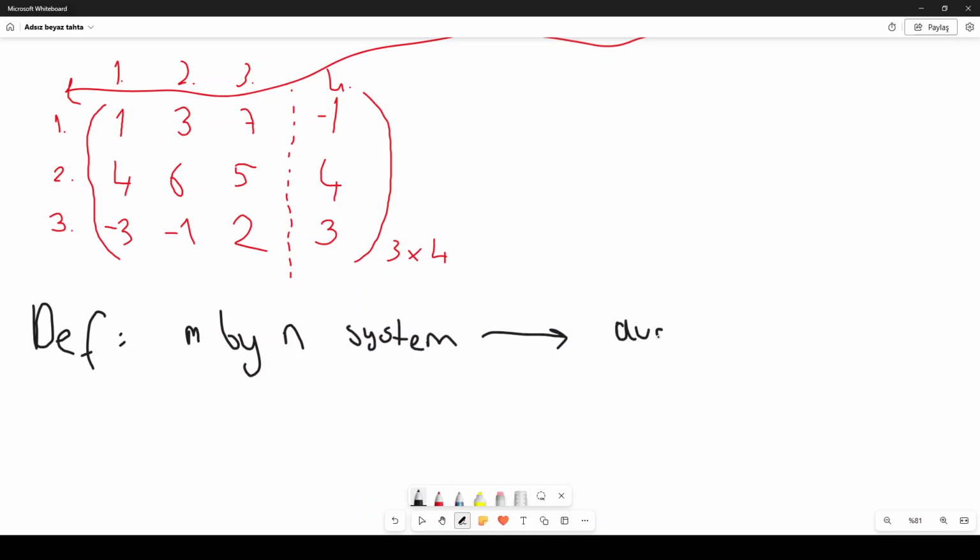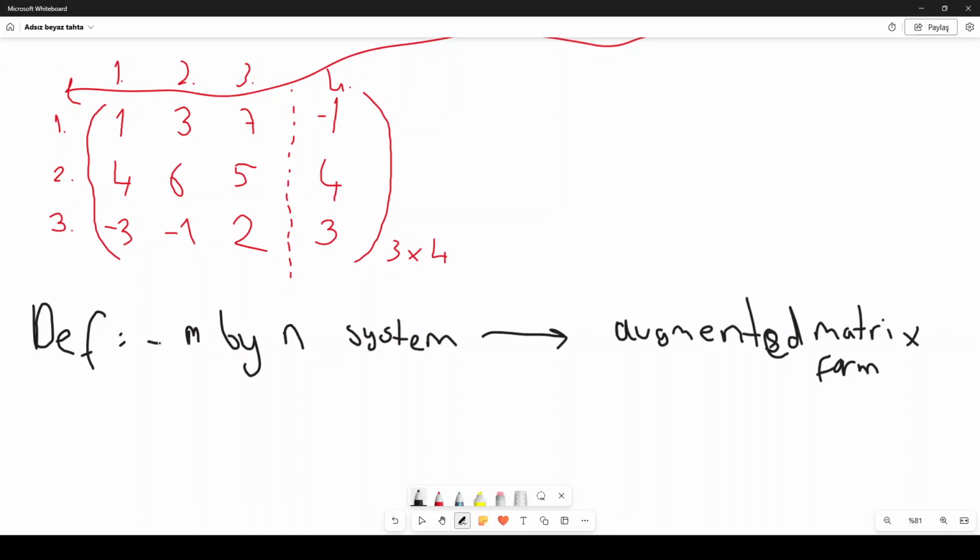These are the main steps that we need to follow to apply the Gaussian elimination method. Augmented matrix form.